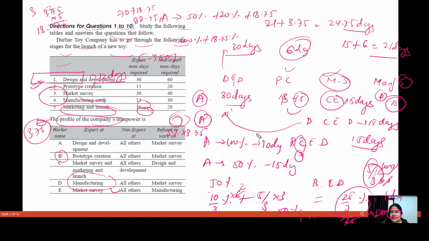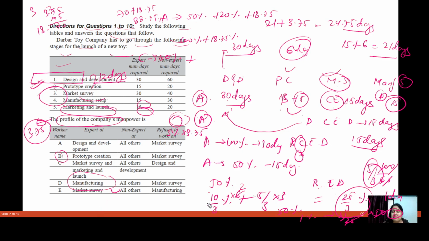Then this C is also doing marketing and launch. C will not go to work on design and development. C will go for marketing and launch.